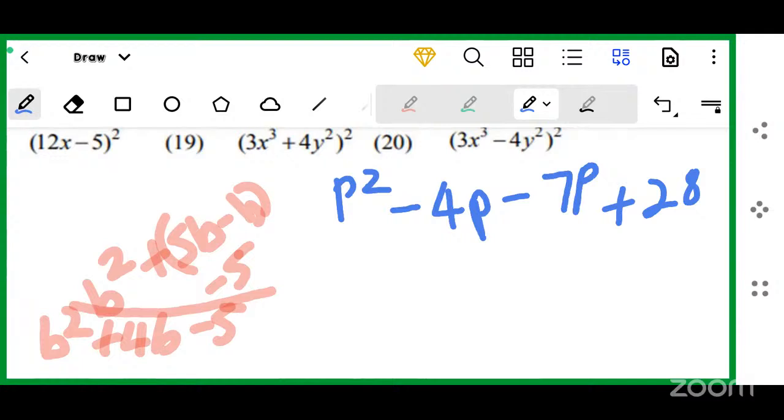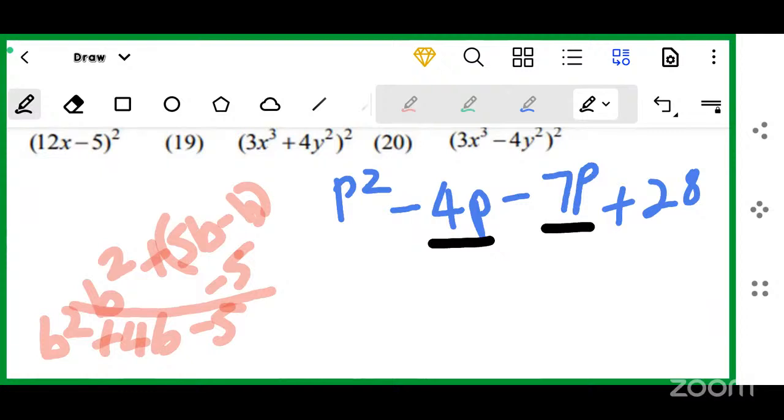Ma'am, is there a like term there? Yes. You see now we have 4p and 7p. Something that starts with p, I can say a pencil.